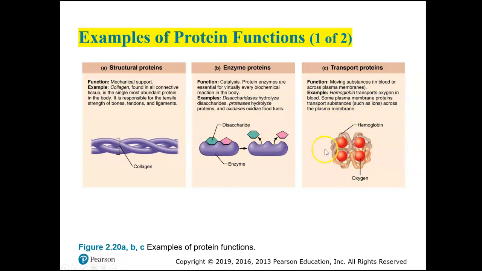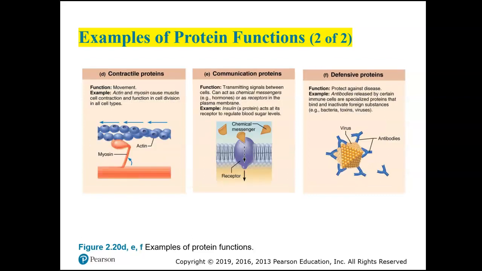Transport proteins like hemoglobin. Hemoglobin has basically 4 globular subunits. So it's really 4 proteins that are connected by chemical bonding. Hemoglobin is a transport protein because it transports oxygen, and also a small amount of carbon dioxide, through our blood.